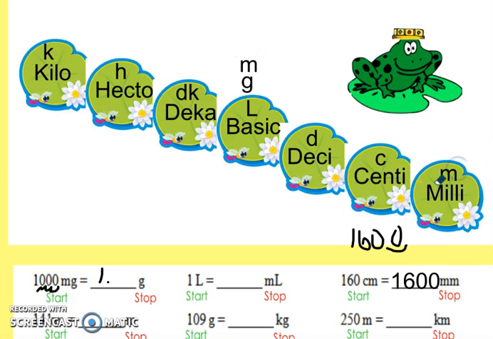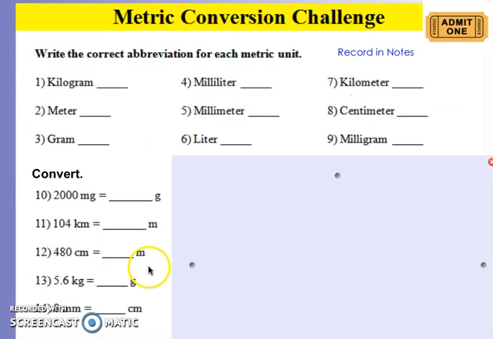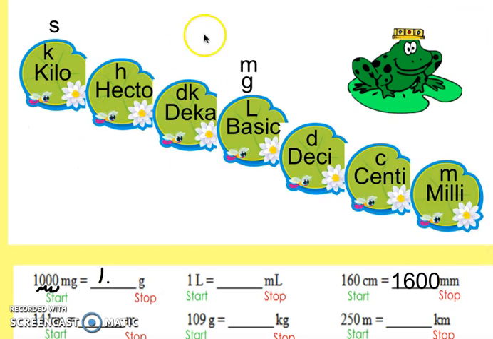And our start, remember, is at kilo. So that's my start. And then the end is at grams. And remember, if it's a single letter, it is in the middle. So this is my end. And so we need to hop from kilo to grams.